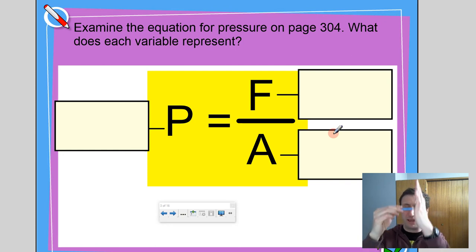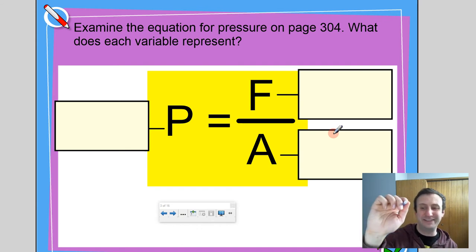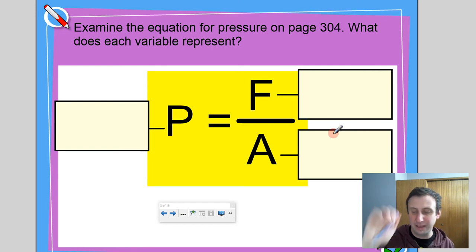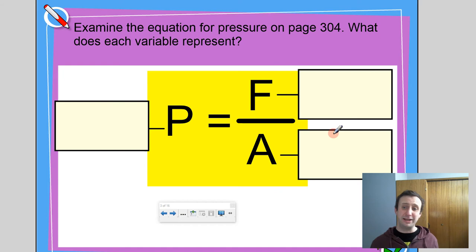But the reason why this would puncture my skin, while my finger with the same force does not, is because here the pressure is less because I have more area on the tip of my finger. While here the pressure is more because I have less area on the tip of the pencil. So that's why pressure matters. As I change the area that a force is acting on, I change the pressure.